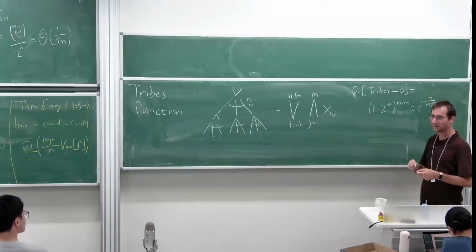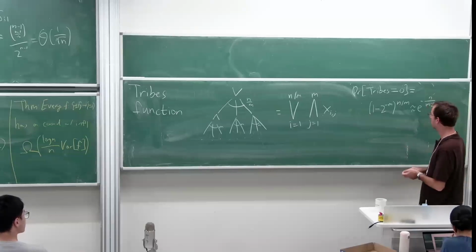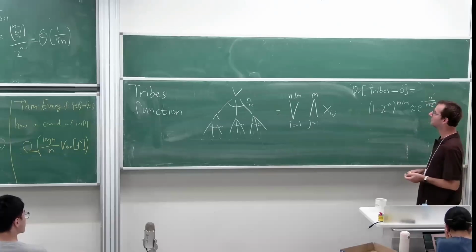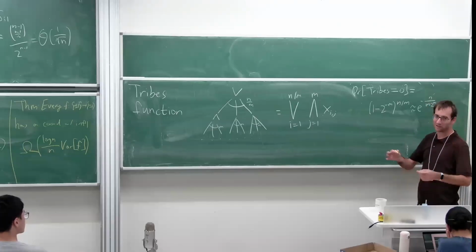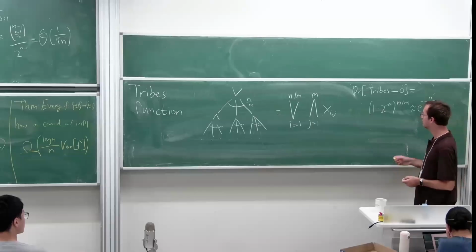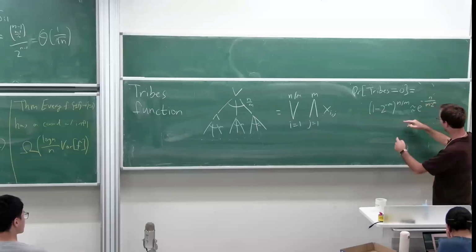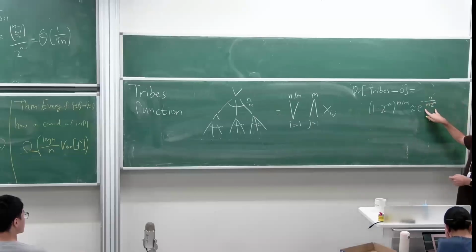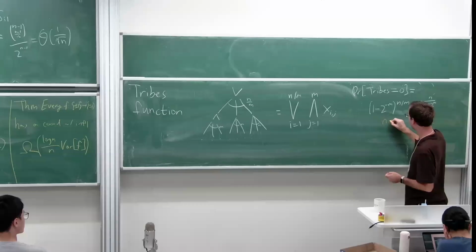These are some calculations, so we'll try to do them somewhat briefly because they're impossible to follow anyway and they're not so important. But now, in order for this to be balanced, we need this thing to be roughly, let's say, 1, maybe some other constant, but it won't make a big difference. So we need n to be roughly equal to m 2 to the m.